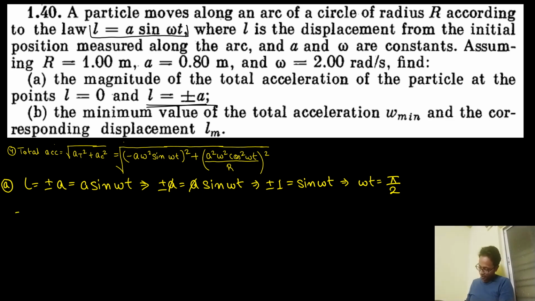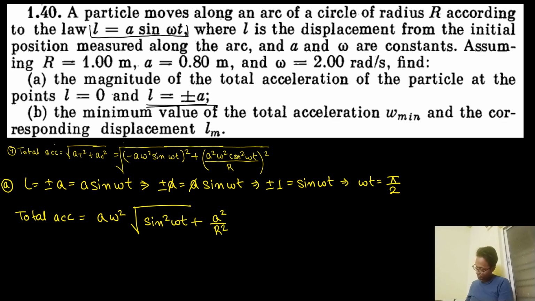Okay, total acceleration out here is equal to how much? Total acceleration was a omega square into the root of sine square omega t plus a square by r square cos to the power 4 omega t.